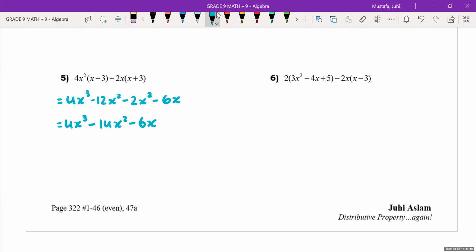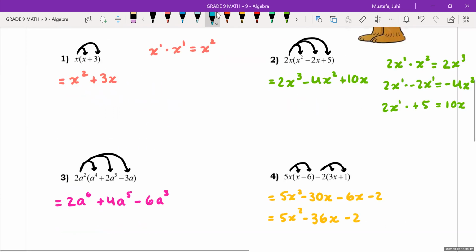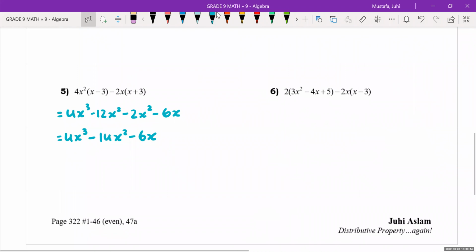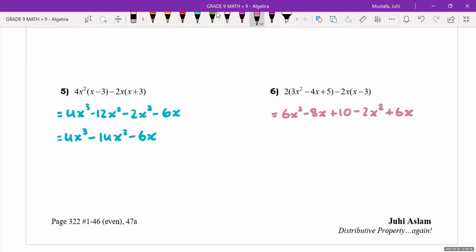Perfect. Last example. A volunteer for the last example. Priyanka, go ahead. Good, keep going. Oh, so before you do that, I'm just going to collect like terms.